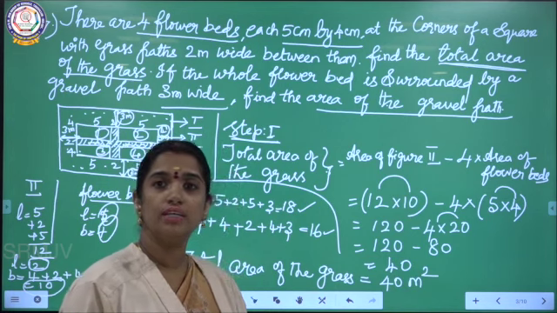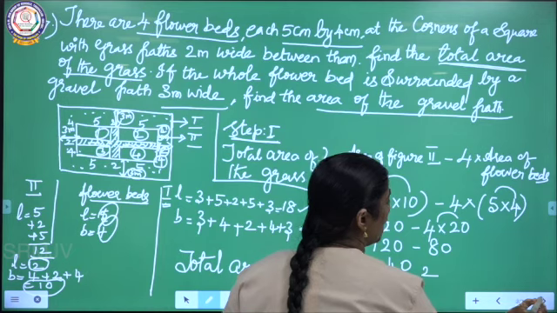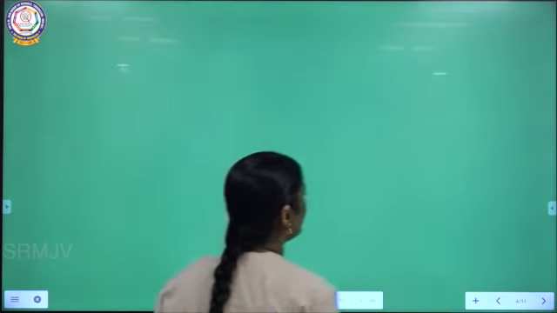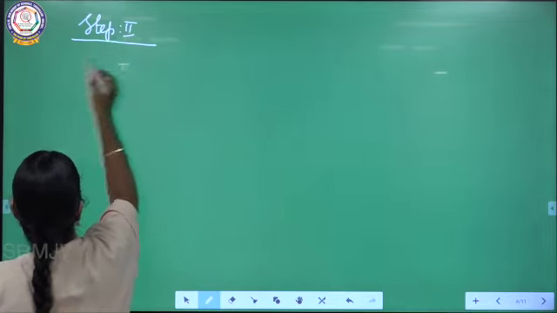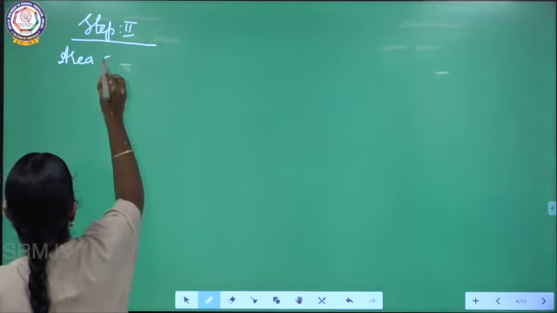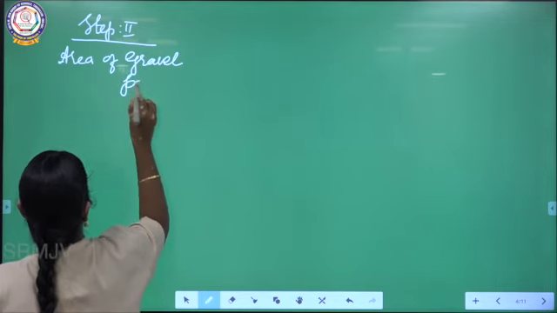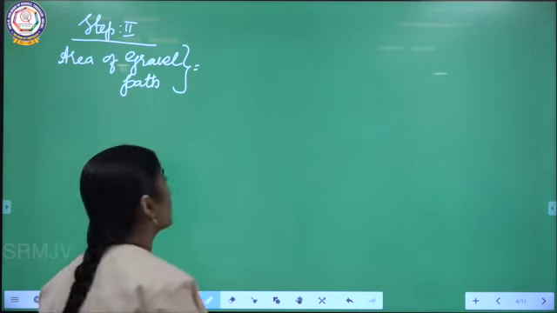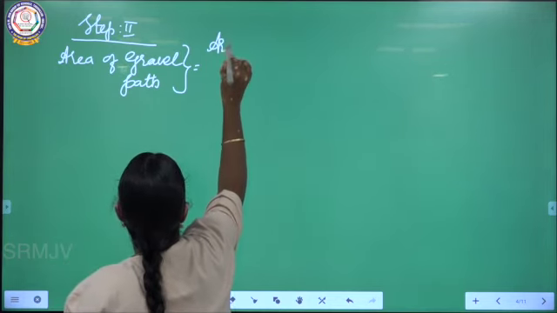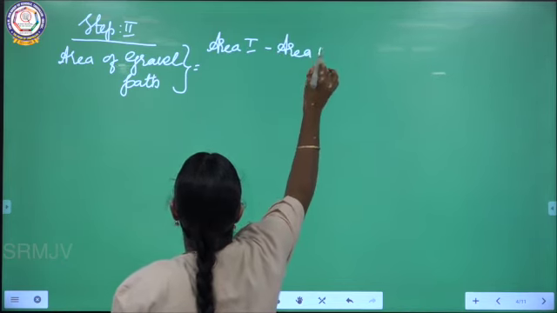Next I will move on to step 2, which is the area of the gravel path. See, what is the area of the gravel path? That is my step 2. Area of a gravel path is equal to area 1 minus area 2.